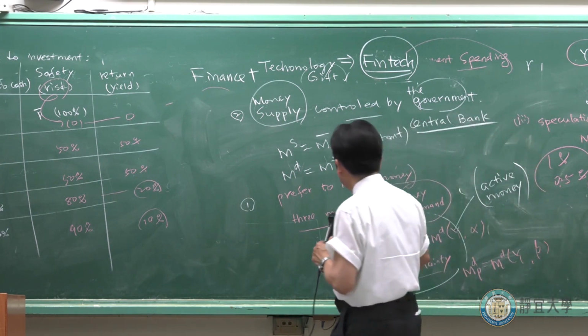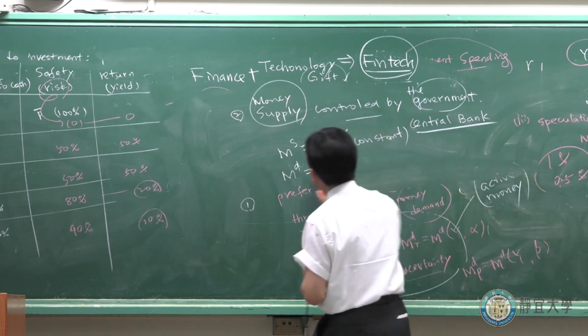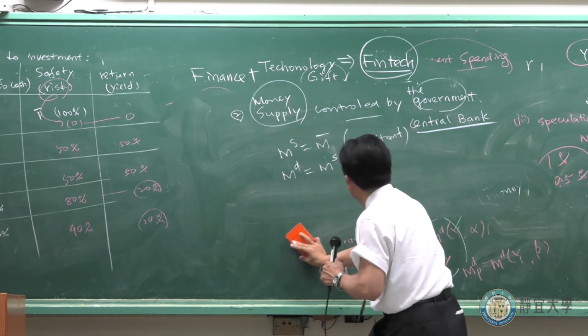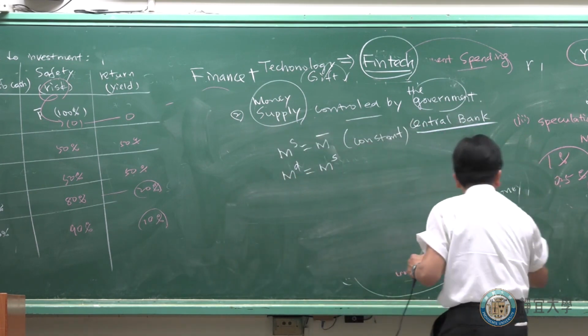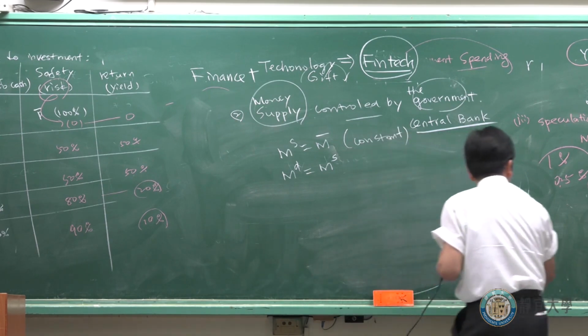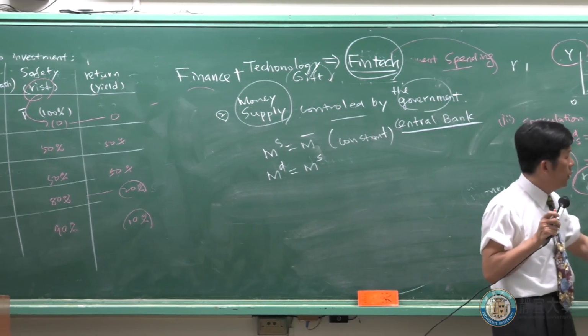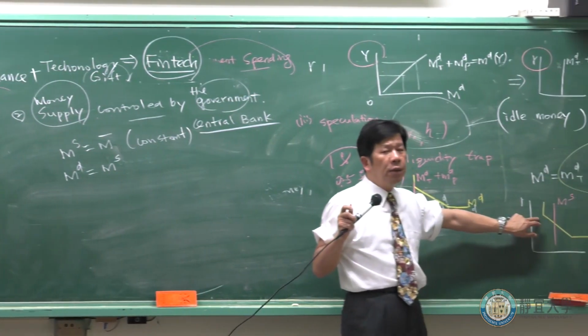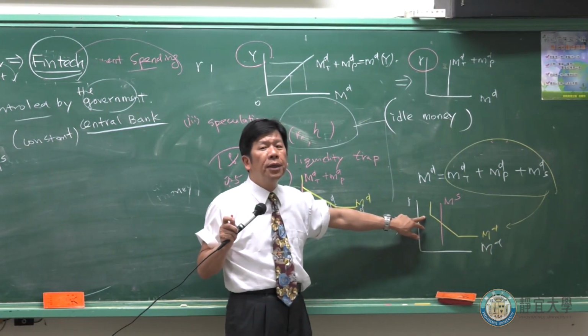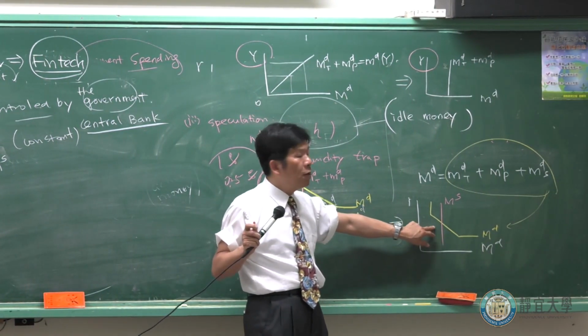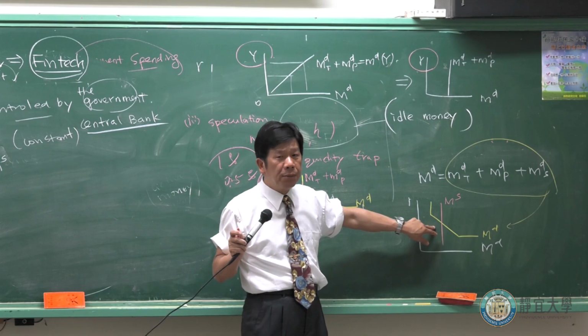Okay, so here you can look. We can find this is the money supply. The yellow one represents money demand, and the red one represents the money supply.